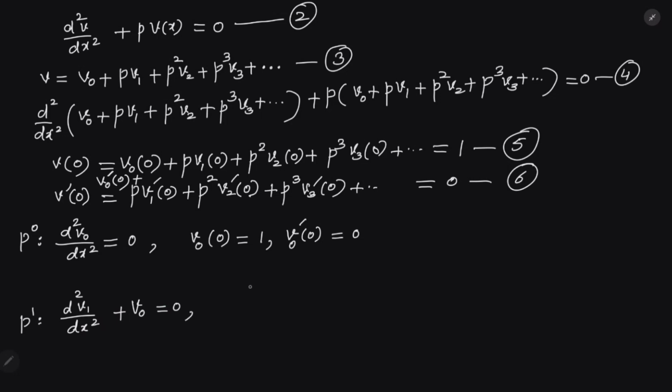And the initial conditions we have: v1 of 0 will be equal to 0, and then we have v1 dash 0 is equal to 0. That's it.